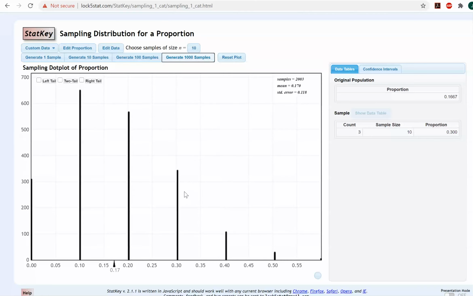And we end up with something that is right skewed in this case. If you imagine connecting those dots, it's very right skewed. We end up with this tail of data, focusing around that 0.1667. So we really expect to be around there, and then we can see everything up to 50%.